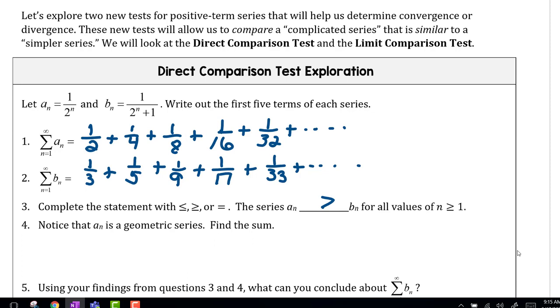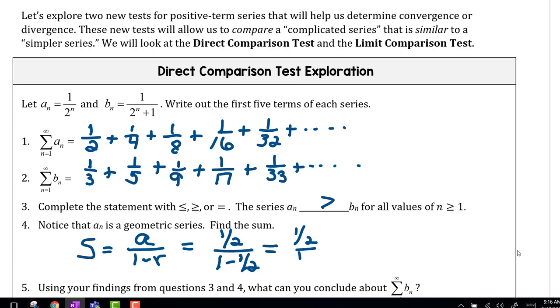Hopefully you noticed that a sub n is part of a geometric series, so the sum of that is found by using our formula, the first term divided by 1 minus r. In this case, it's 1/2 over 1 minus 1/2. When you simplify, you get 1/2 over 1/2, which equals 1.